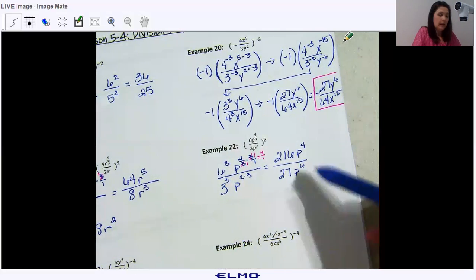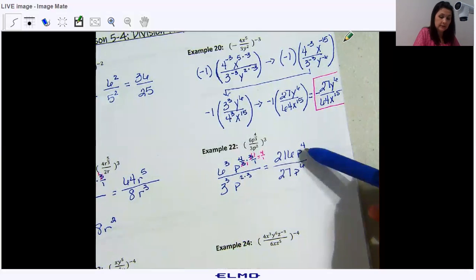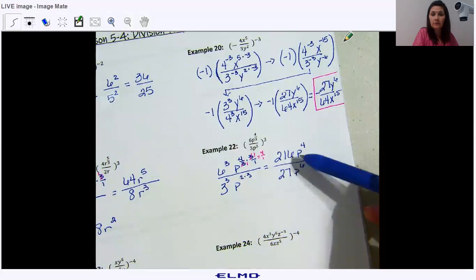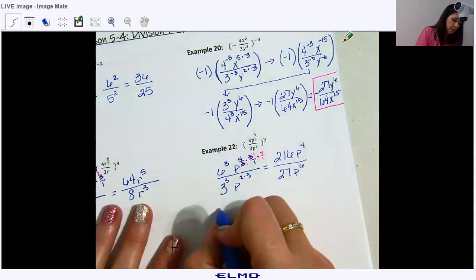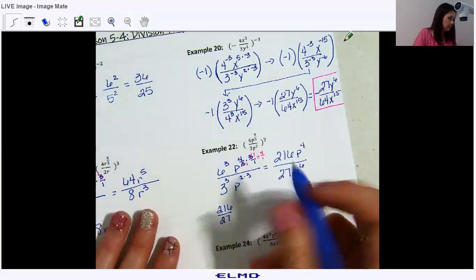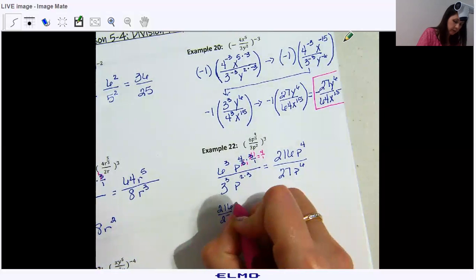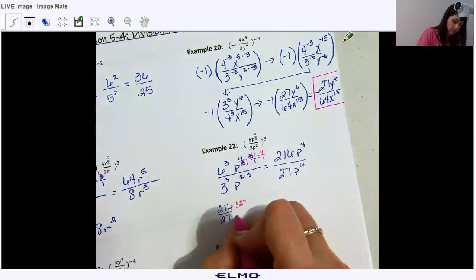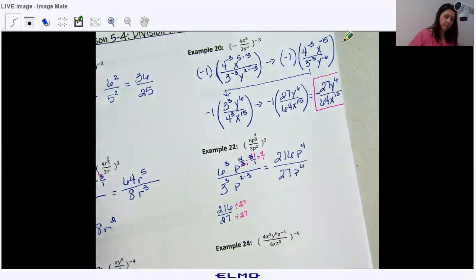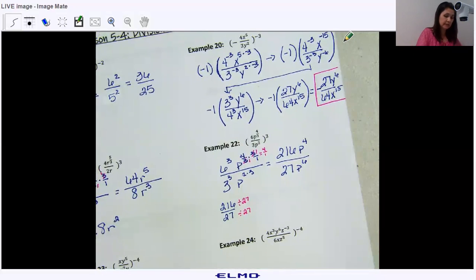Okay. Now I need to simplify my coefficients and simplify my variables since they are the same. So 216 over 27. Okay, so I know that I can divide these both by 27. And if you use your calculator, you'll see that 216 divided by 27, I believe it's 8.